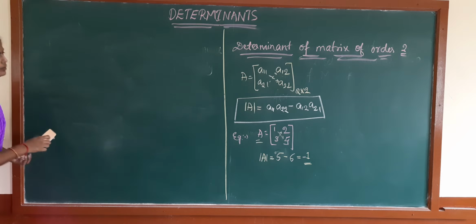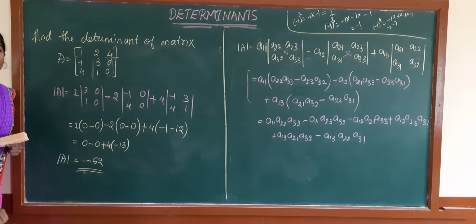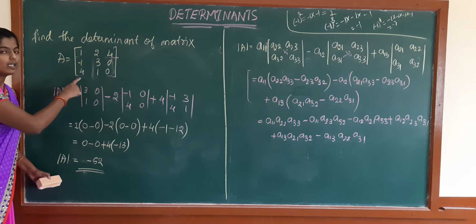Next plus 4 into bracket, inside this -1 and -12 will become -13. So the answer will become -52. So the answer is -52. -52 is nothing but the determinant of a matrix of order 3. That is determinant of A is equal to -52.